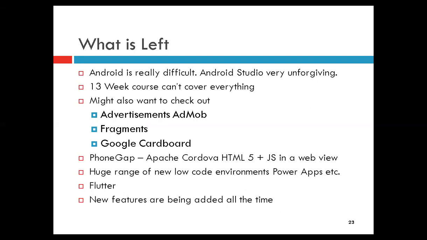There's virtual reality, there's augmented reality, all sorts of stuff. One thing I would check out if you're interested in phone development is Flutter. It's a cross-platform development environment based on Android Studio, and it allows you to write applications for both Android and also for iOS.